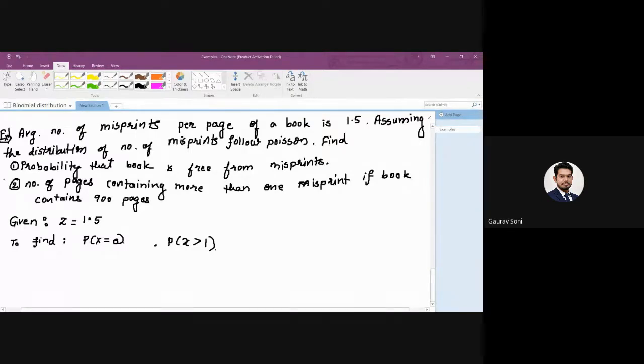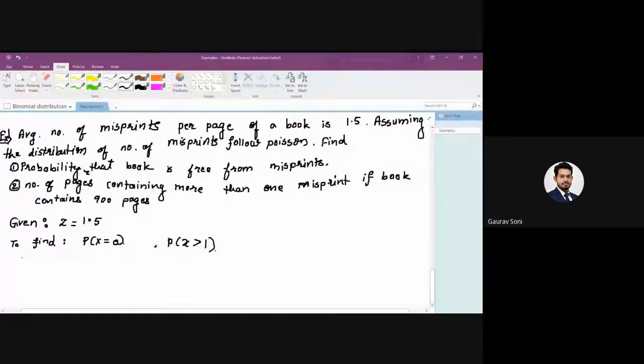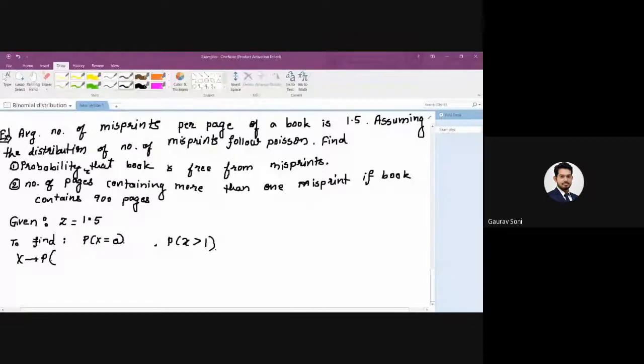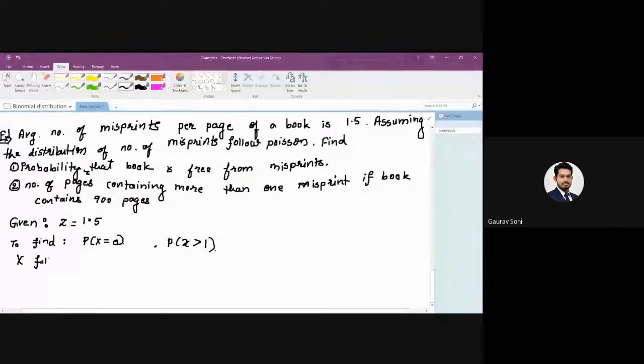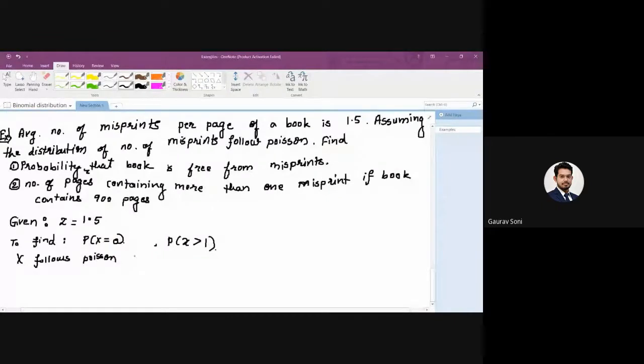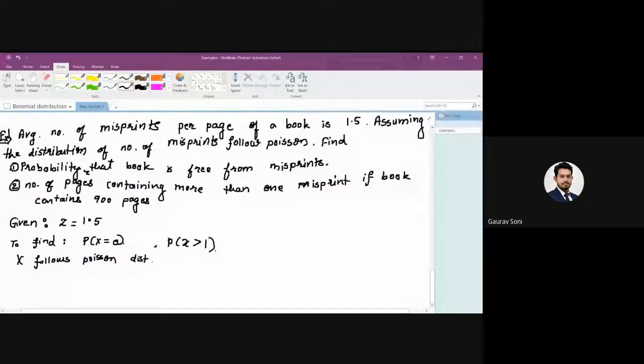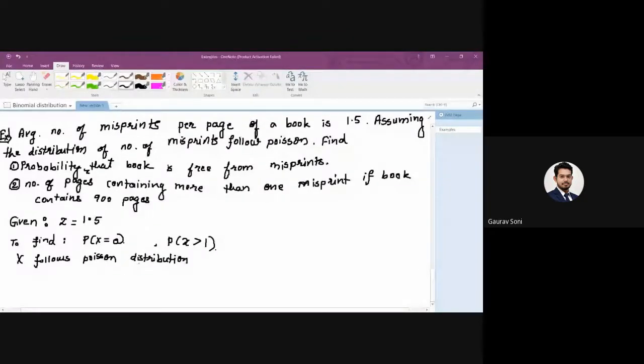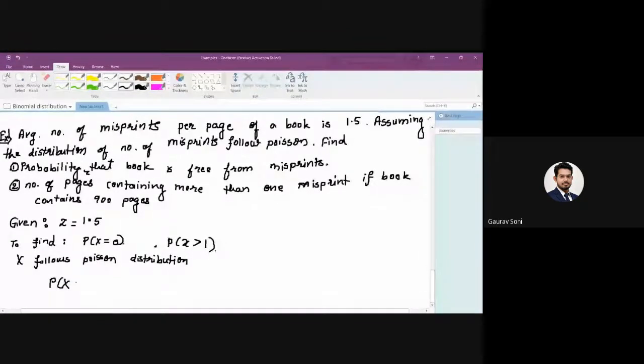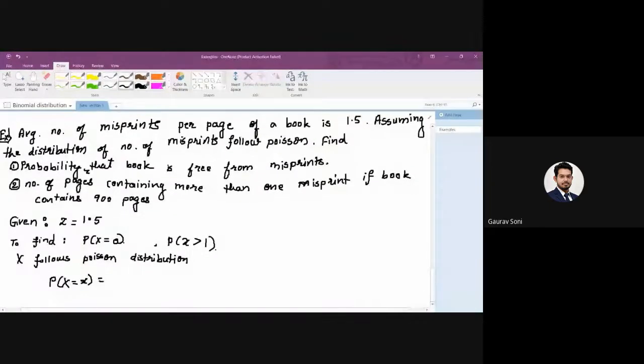Since x follows Poisson distribution, the probability of capital X equal to small x is given by e to the power minus z, z raised to x upon x factorial.